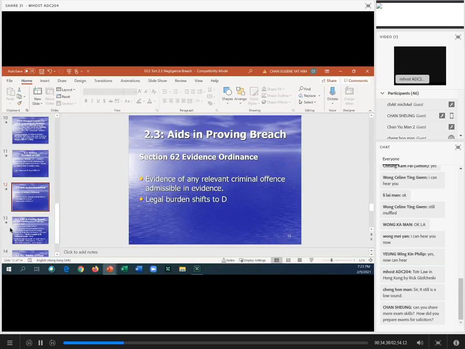By the way, expanding on that a little bit, let's say a driver is convicted of careless driving. Does that necessarily mean he's negligent in the civil action? The answer is not necessarily, because careless driving is a fairly minor criminal offence, and the sentence is usually just a small fine of $300 or whatever it is. Now, if you are a professional driver, say a taxi driver, and you're charged with careless driving, you may well plead guilty so everything is over and done with quickly and you can get back to driving your taxi.